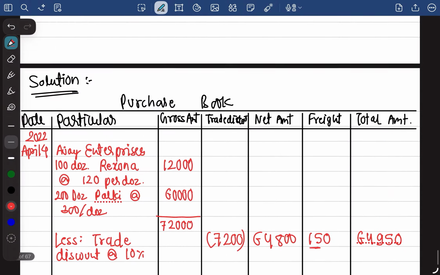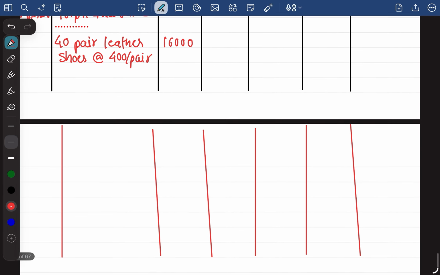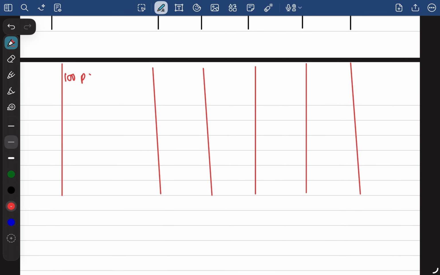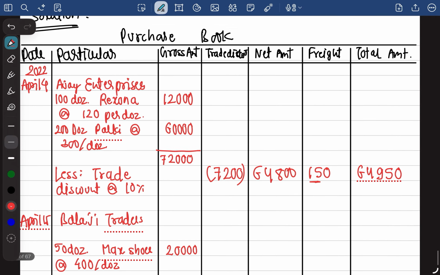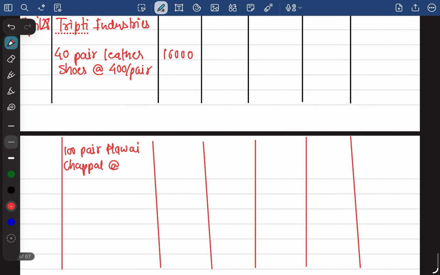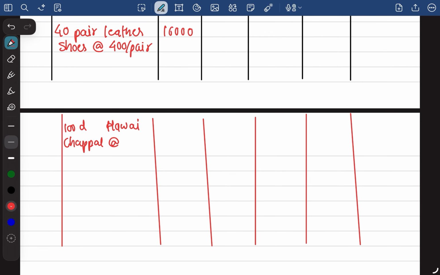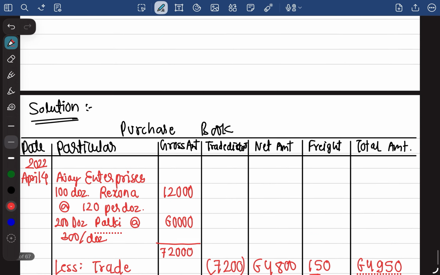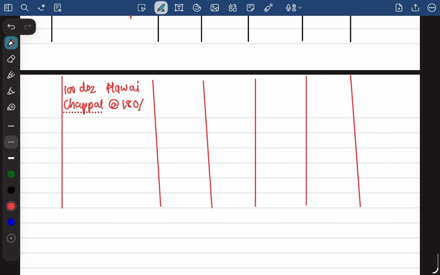And next, we purchase 100 dozen Roshi Hawaii chappal at the rate of 180 rupees per dozen.